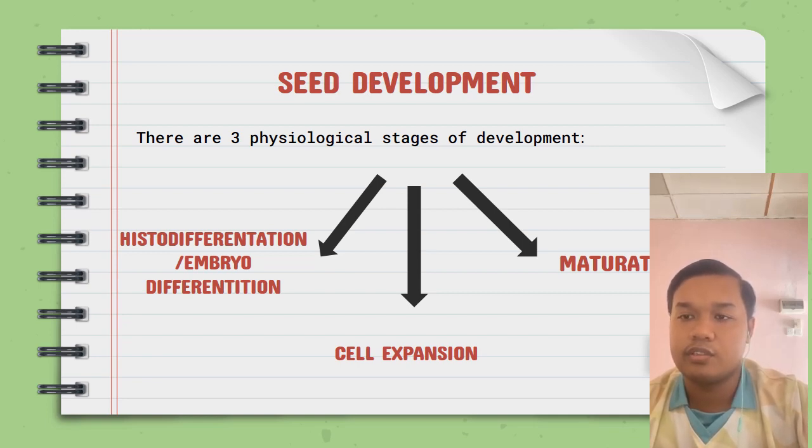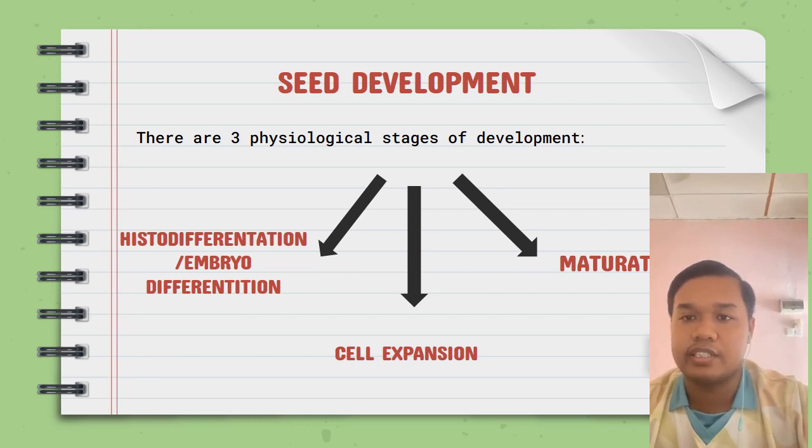It refers to the process by which the cells of the embryo become specialized into distinct cell types and tissues. This occurs as the fertilized egg undergoes multiple cell divisions and begins to form structures such as the radicle, plumule, and cotyledons. Each of these structures plays a specific role in the development of the future plant.